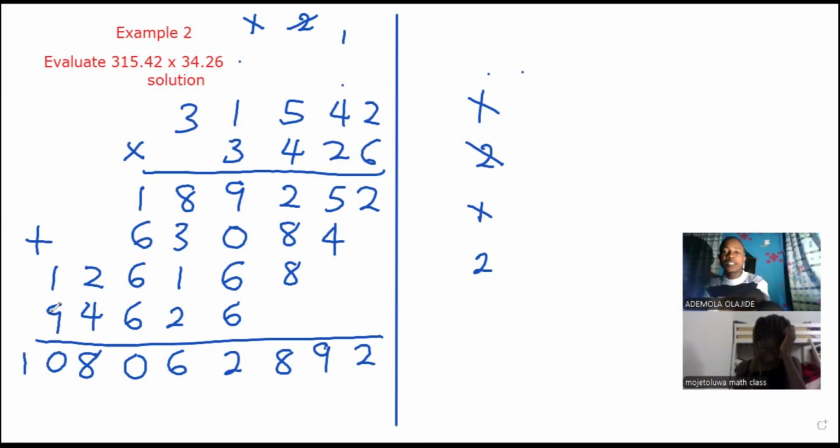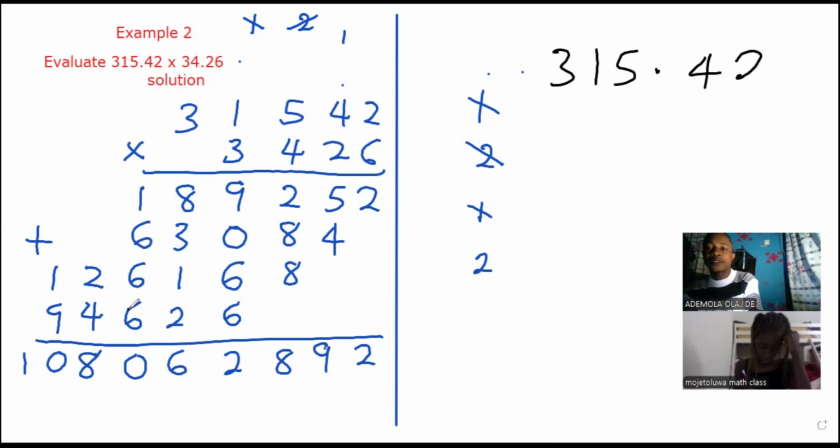So we want to place a decimal. For you to place decimal, you go back to the question itself. If you look at the question, we have 315.42 and we have 34.26.